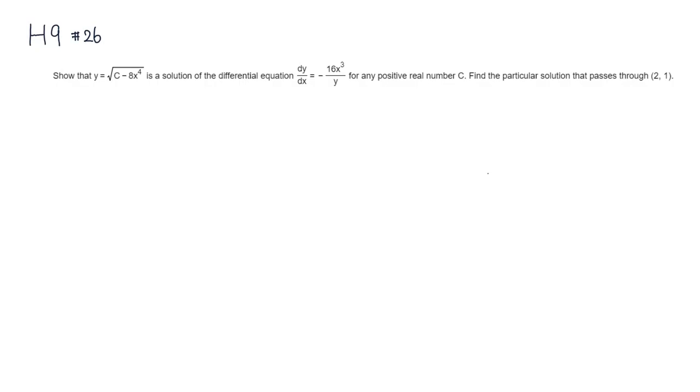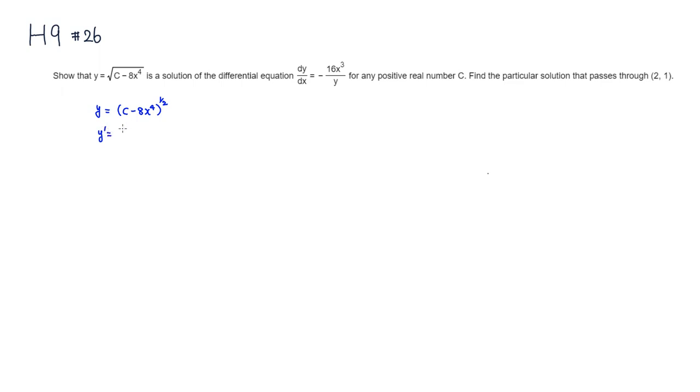The first thing is I don't like the square root, so I'm going to rewrite it as y equals the quantity c minus 8x to the fourth power, raised to the 1/2 power. Then we can take the derivative.